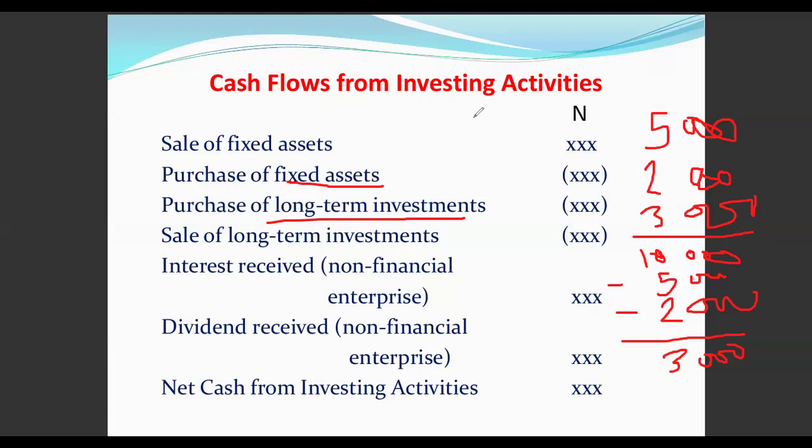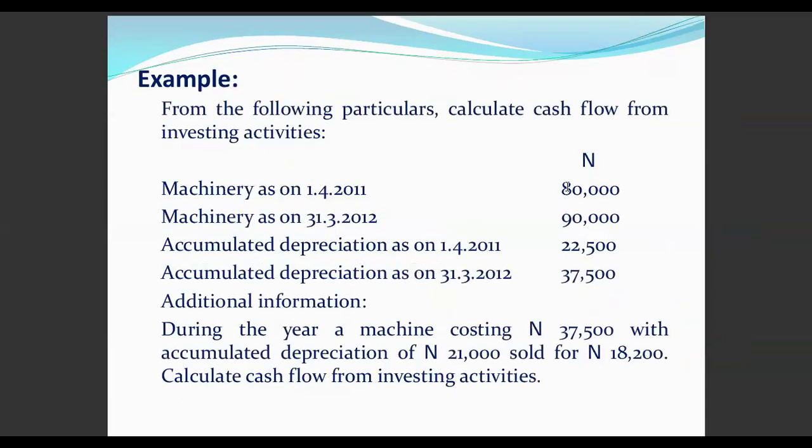Let's move on to the further discussion. Let's take this example. We have the following particulars and we are required to calculate the cash flow from investment activity. We purchased machinery on 1st April 2011, 80,000, and the closing balance is 90,000.